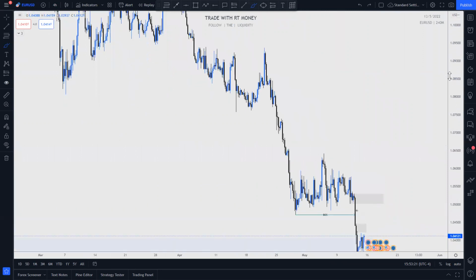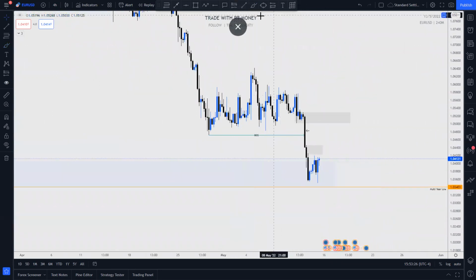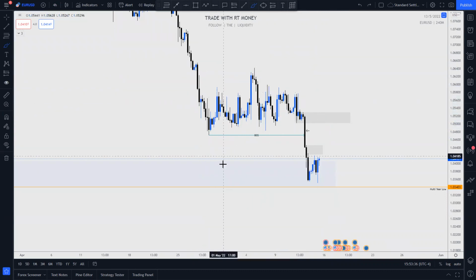Now, what's important here is this area. I like seeing this consolidative corrective period here, right? Price is generating, the markets are generating orders here.